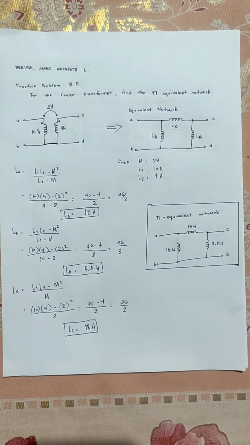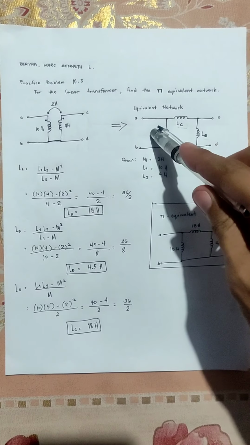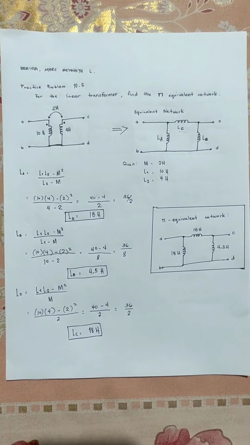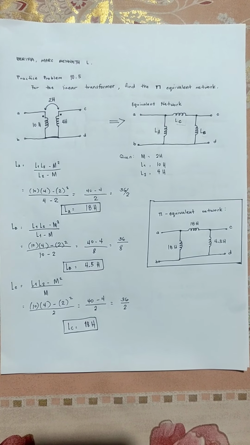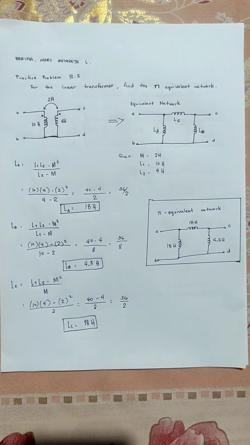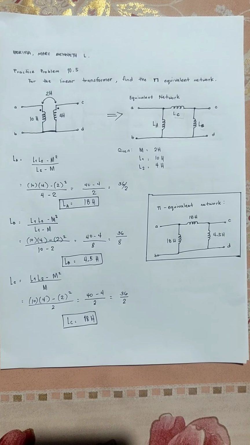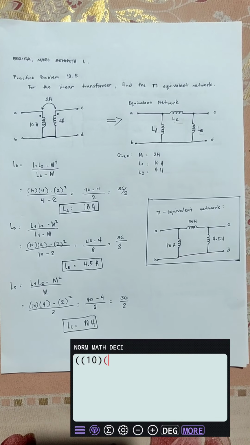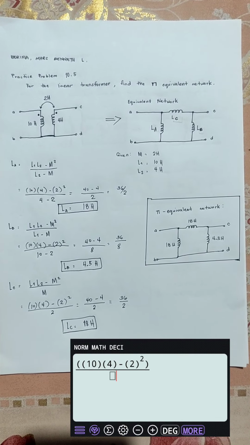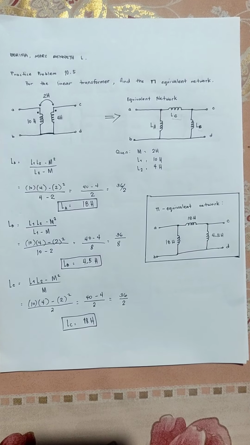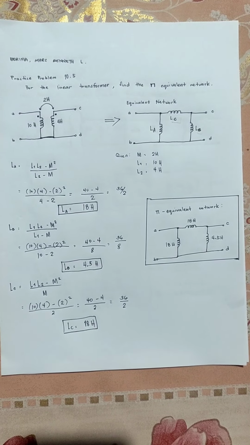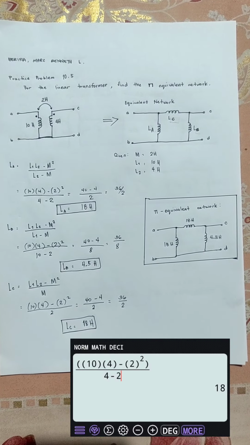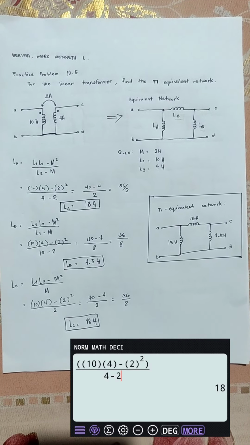We have to find L sub A, L sub C, and L sub B. For L sub A, we have the formula L sub 1 times L sub 2 minus M squared all over L sub 2 minus M. We have 10 times 4 minus 2 squared all over 4 minus 2. It is equal to 36 over 2, and our L sub A will be equal to 18 henry.